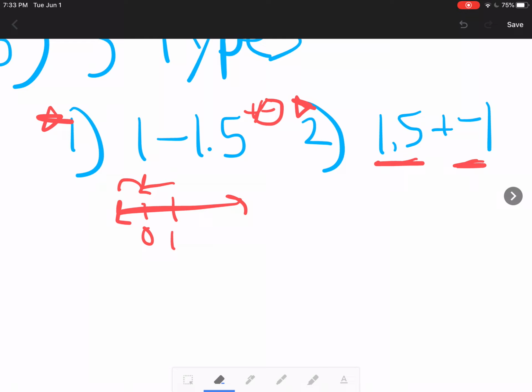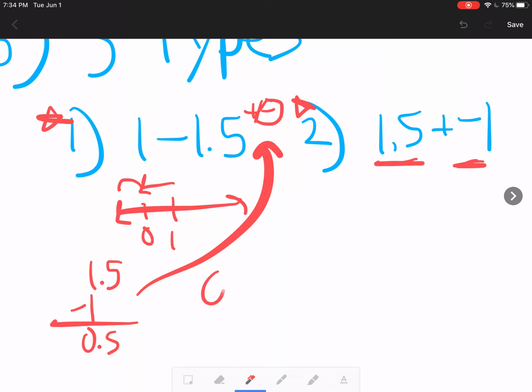I'll explain in more detail later, but right now what we're going to do is go 1.5 minus 1. We're going to take the larger number, the larger absolute value, put that on top, the smaller number on the bottom, and then we'll crunch our numbers. But here's the thing. We know our answer's got to be negative. So it's going to be negative 0.5 for the final answer.